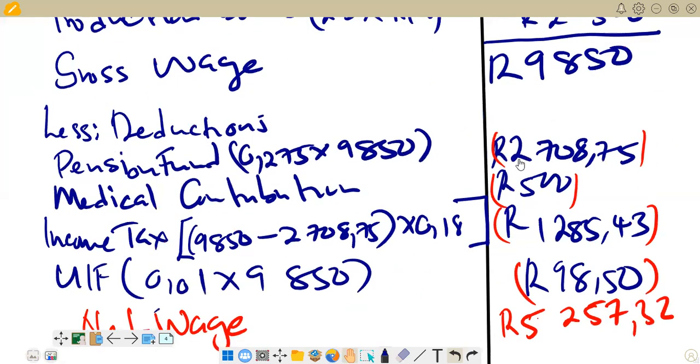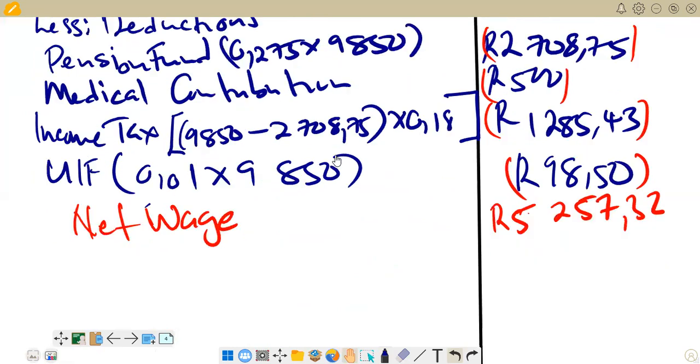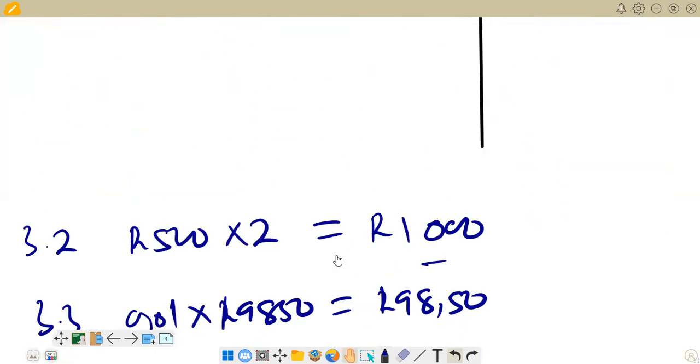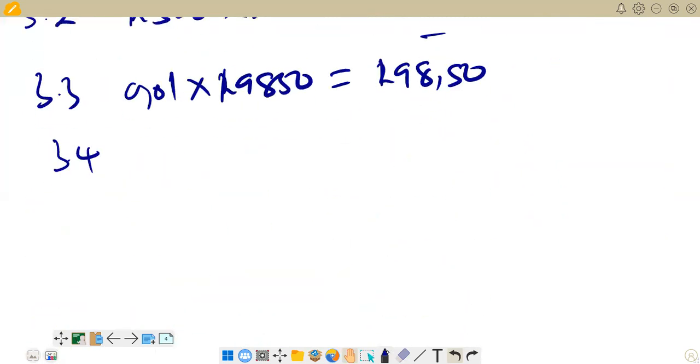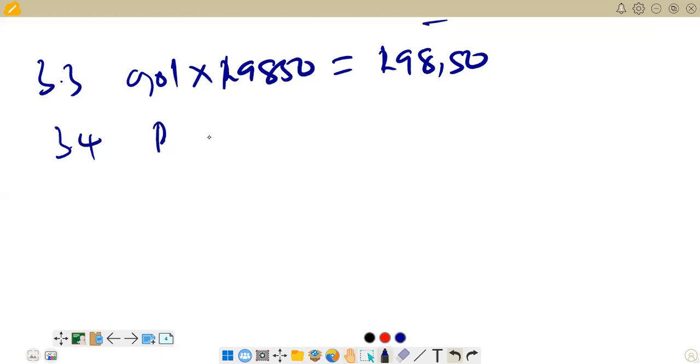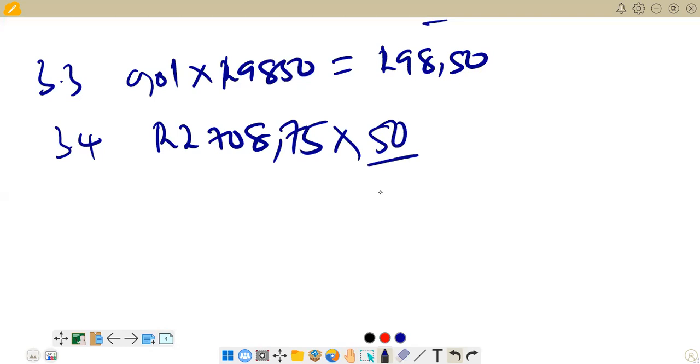Pension we got 2,708.75. So here we are saying 2,708.75, there we multiply by 50%. 50% is 50 over 100. Basically, if you reduce this one, it becomes 1/2. Then you say 2 into 2,708.75, and then the answer that we are supposed to get there on 3.4.